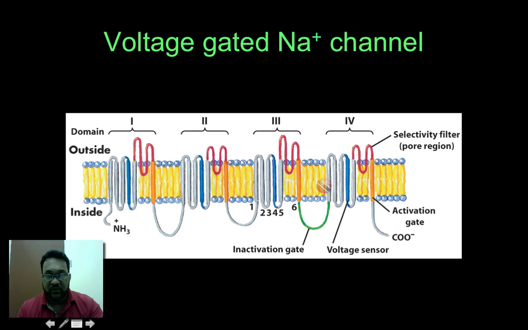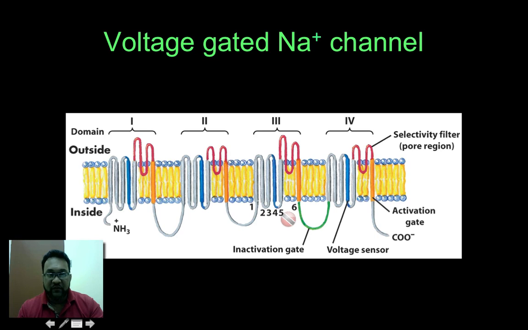So let's look at a few things. First of all, let's look at the voltage sensor. Now, the voltage sensor is color-coded blue. And if you look at each domain, there is a blue colored helix. And if you look at the voltage-gated sodium ion channel, that's helix 4 in each of the 4 domains.